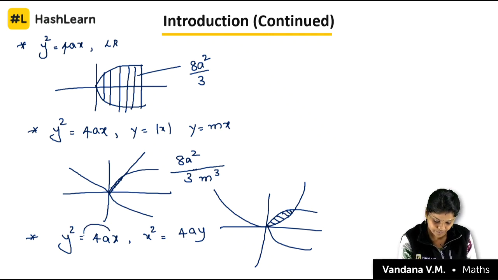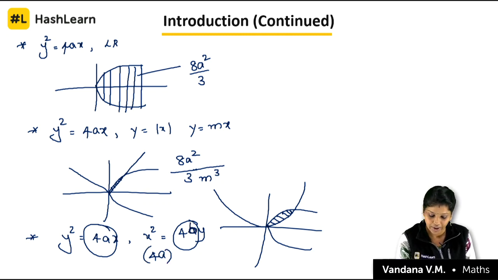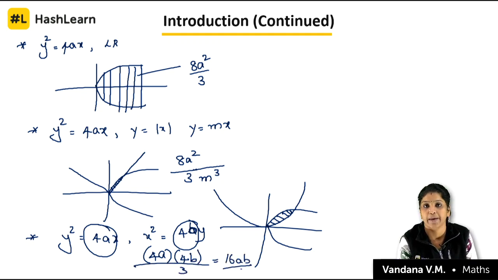How to remember: 4a into 4b by 3, or you can remember it as 16ab by 3. Exactly, Kushi, true, correct. So 16ab by 3. So these are the shortcuts, and one more shortcut we are going to discuss, okay.